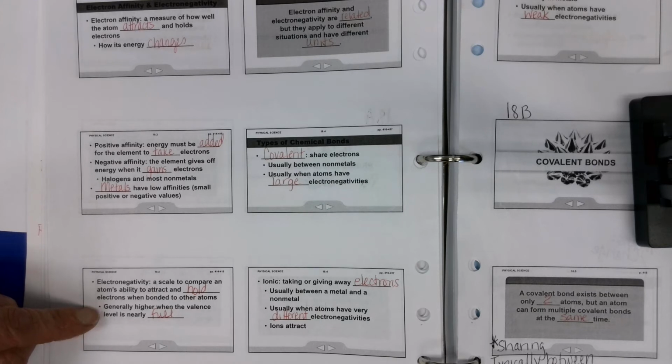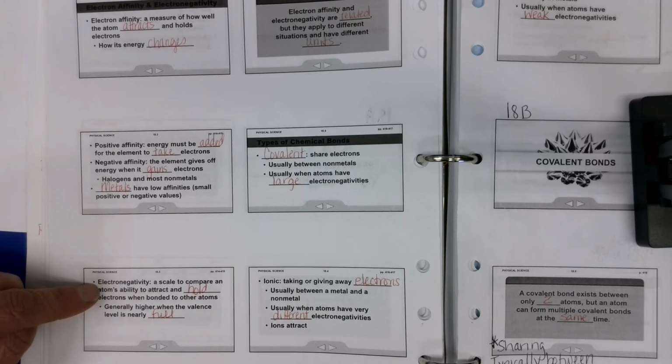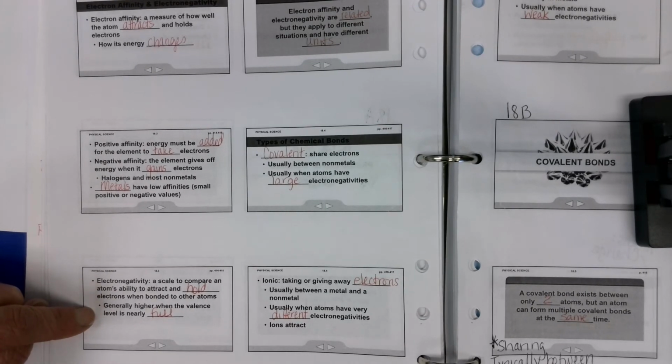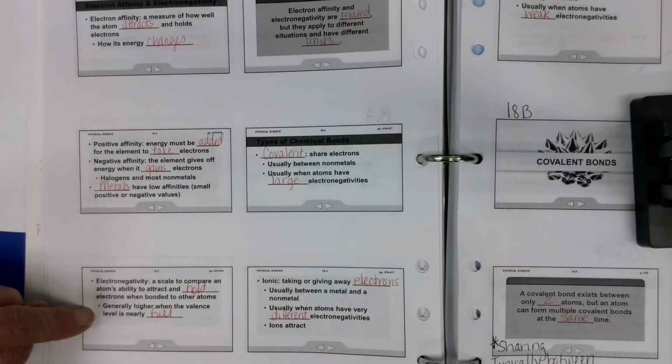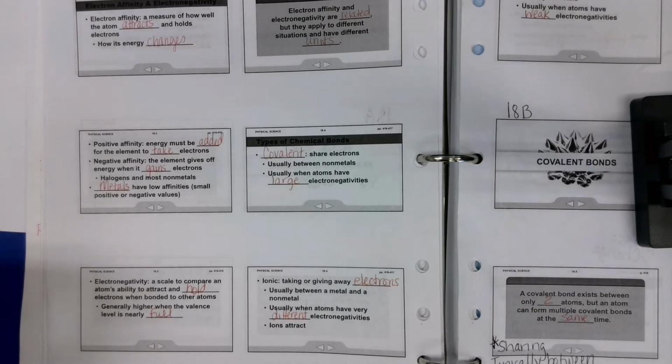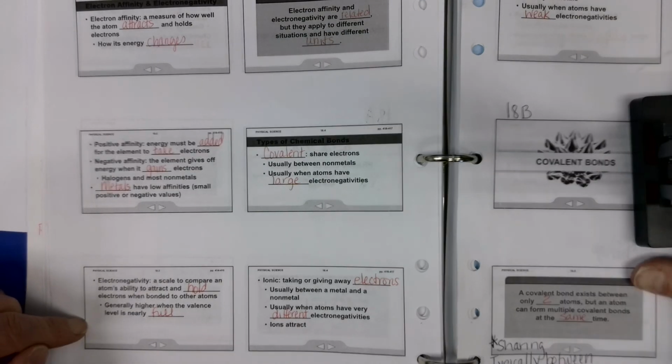It's generally higher when the valence level is nearly full. So electronegativity is going to tend to be higher when the valence levels are almost full, right? You have 6 valence electrons, or you have 7. You're so close to that perfect octet, that 8, that you have a strength and a purpose, right?